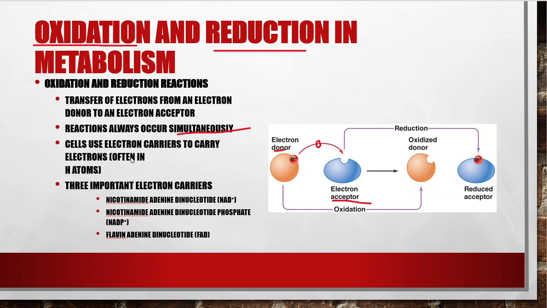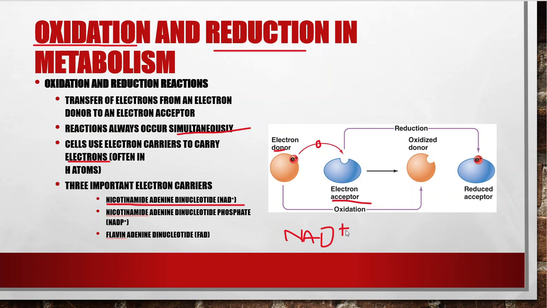These guys are used to carry the electrons, and these are, if you guys recall, this is how we actually make the ATP. This is, in humans, NAD, nicotinamide adenine dinucleotide, is one of these electron acceptors.